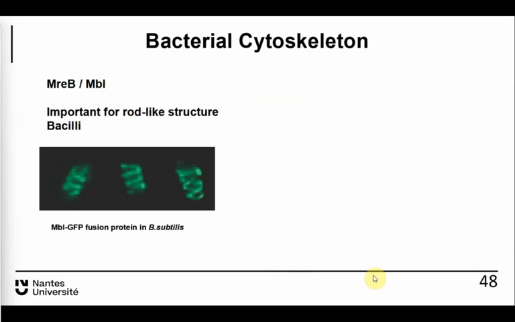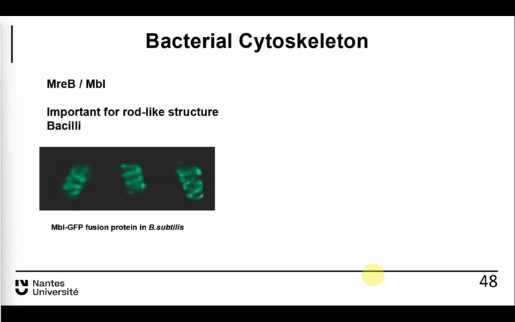Now, another thing that classically was not thought to exist inside bacteria, and by classically I mean about 40 or 50 years ago, bacteria were thought not to have a cytoskeleton. So nothing inside the cytoplasm that gives some kind of structure to the cell.